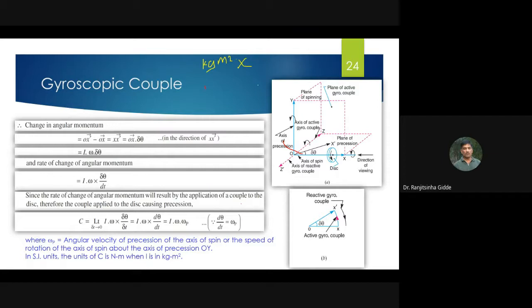Here omega is radian per second, omega p is radian per second.